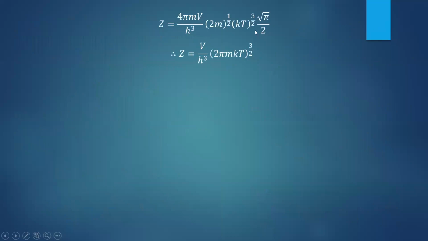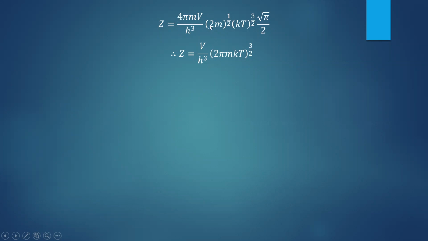So simplify it further, you collect the terms. We have got this relation in the previous slide. Then you collect all the terms. You collect this pi, 4 pi, with each other. So pi into root pi is pi to the power 3 by 2. 2m, and take this 4 with this 2. This 2 gets cancelled.